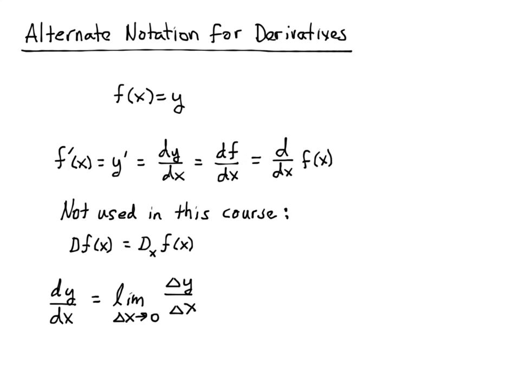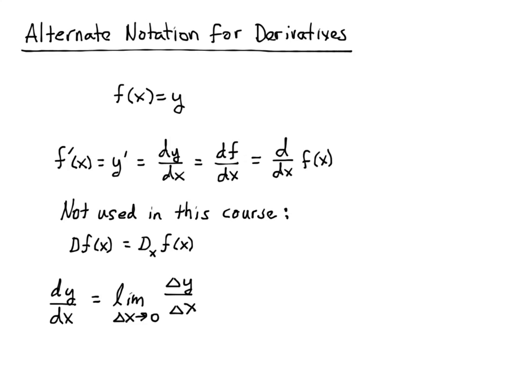Okay, so this dy dx you can think of as the limit of delta y over delta x as delta x goes to 0. We're going to be using delta y over delta x as the slope of the secant line, because delta x and delta y are finite values. The differential values are the values that, as delta x goes to 0, dy dx is what that's going to equal.